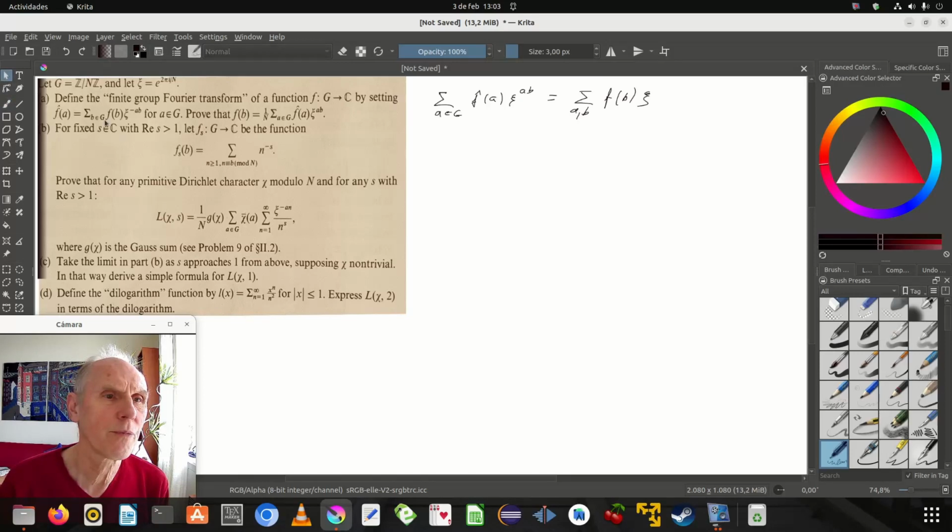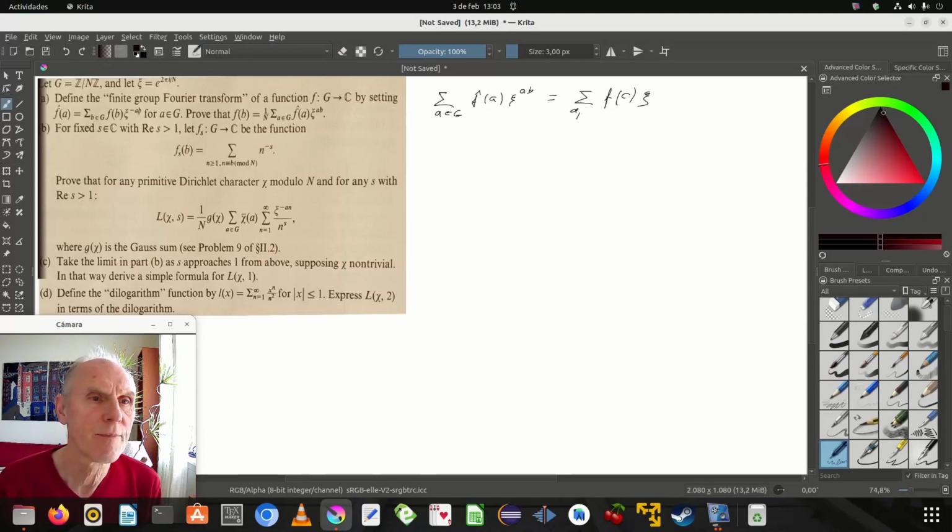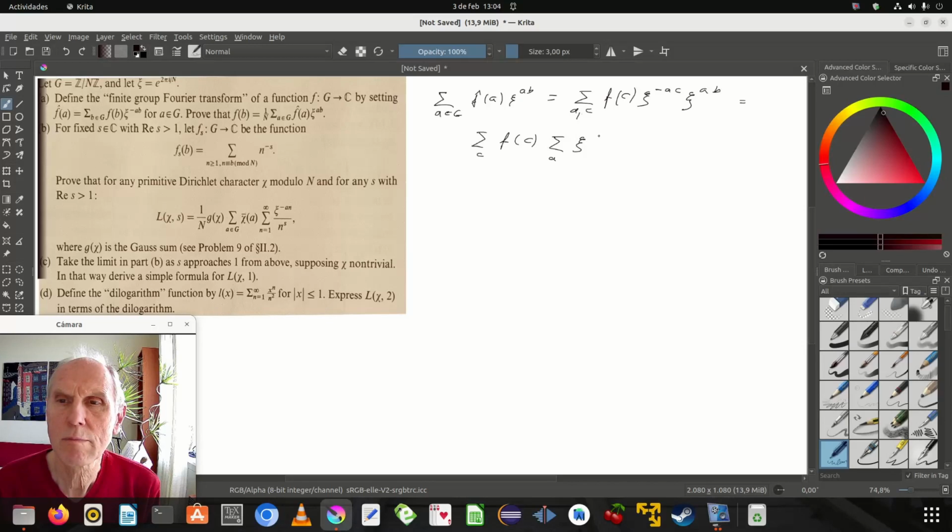We should rather sum in this one over C. And then it's f tilde of a, so that's minus ac. Plus a, b minus c.